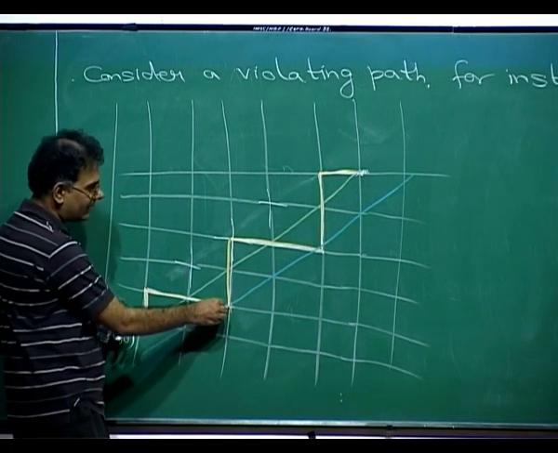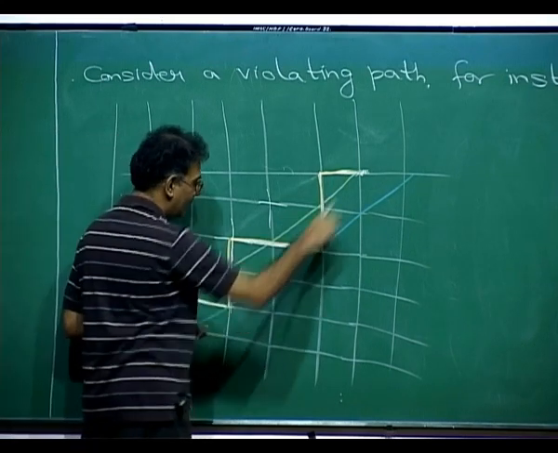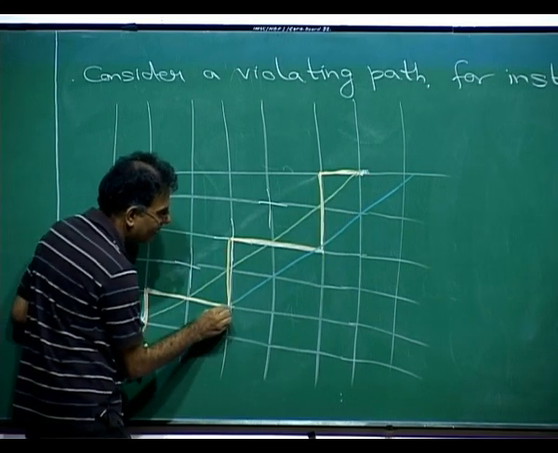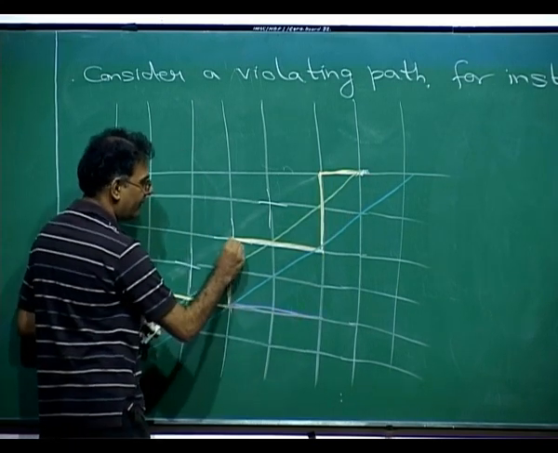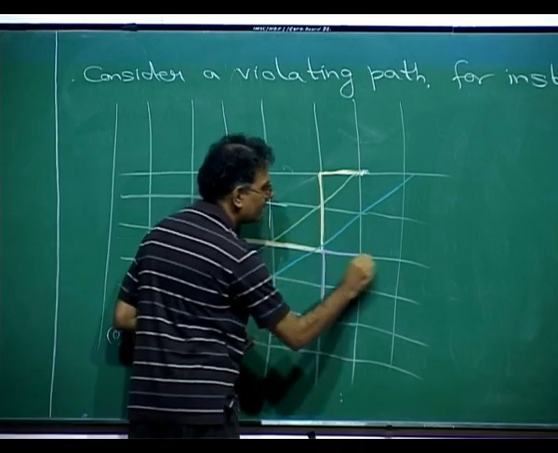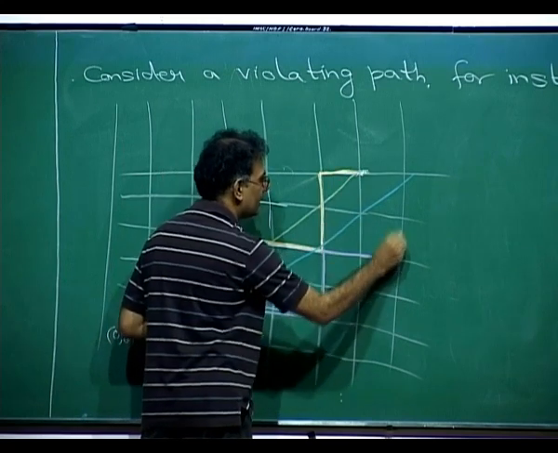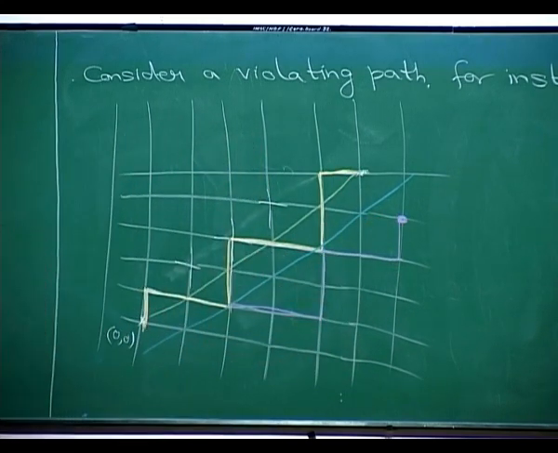Up to here it's the same as the original path. From here I start reflecting this entire path in this line. So what will I get? The reflection of this part is this, the reflection of this part is this, the reflection of this part is this, and the reflection of this part is this. So finally I end up at some point.